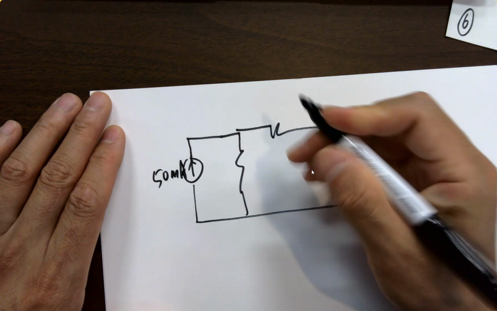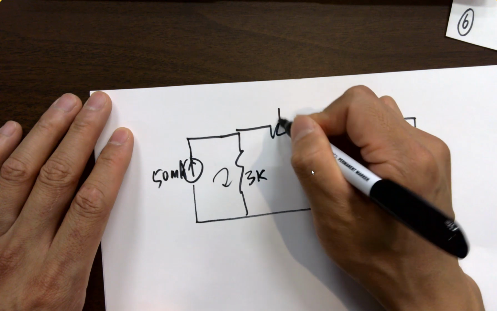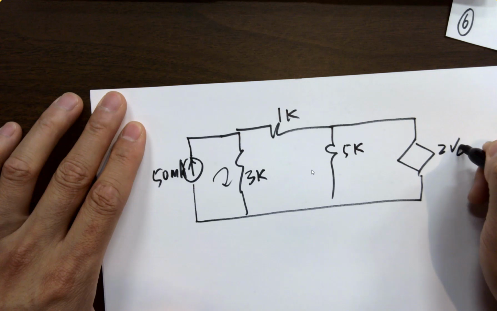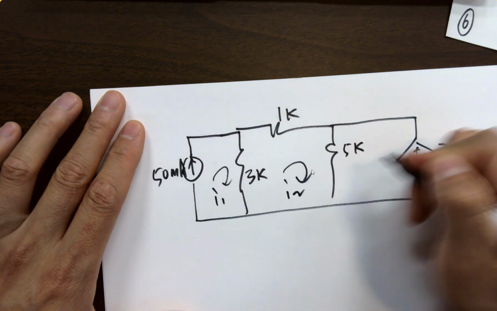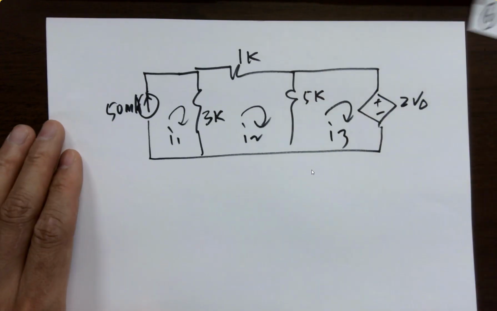Assume 1 mesh, milliamps, and this is 3K, this is 1K, 5K, this is 2 V delta, plus minus. Assume I1, I2, I3. Okay?